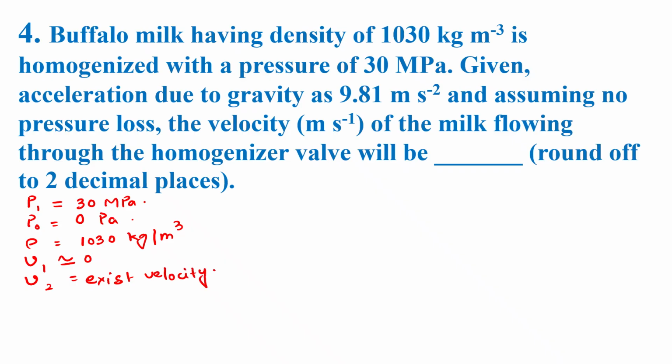So we'll use the Bernoulli's equation, that is P1 plus half rho V1 square, which is equal to P2 plus half rho V2 square.